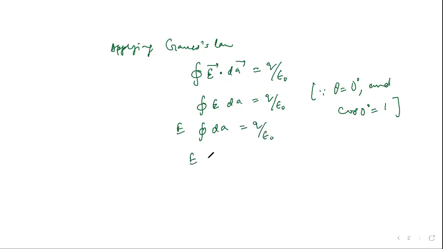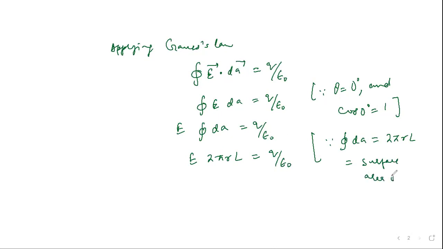It will be 2 pi r L, because closed integral dA is 2 pi r L, which is the surface area of the curved walls.